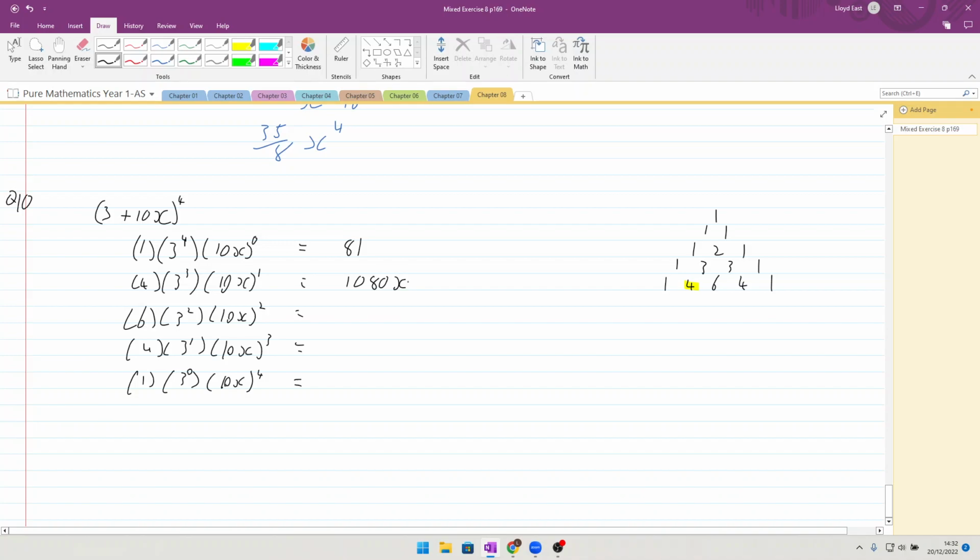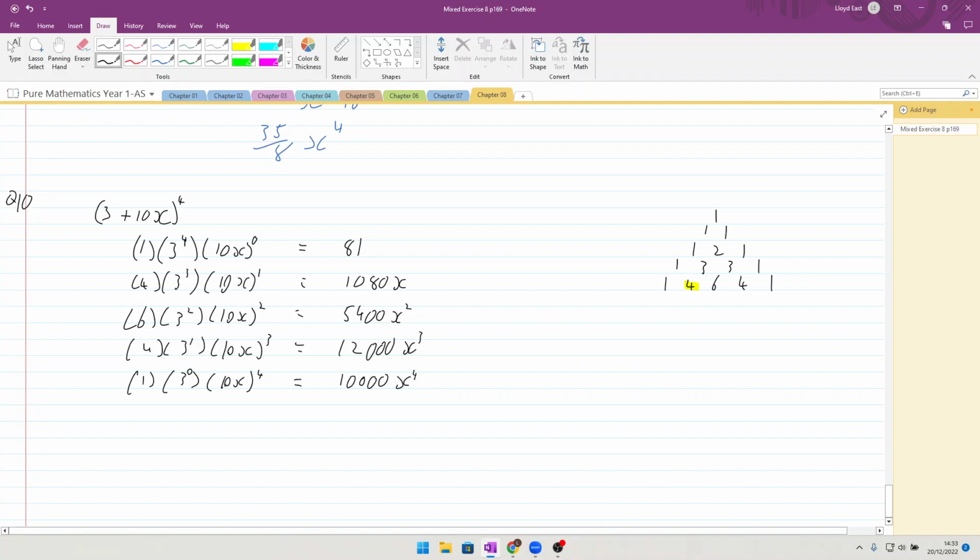Okay, 3 squared is 9, times 6 is 54, times 100, because that's 10 squared, 5400x squared, and 3 times 4 is 12, times 10 times 10 times 10, which is 1,000, so we get 12,000x cubed, and then finally this is 1, and this is 10 to the power 4, 10,000x to the 4.